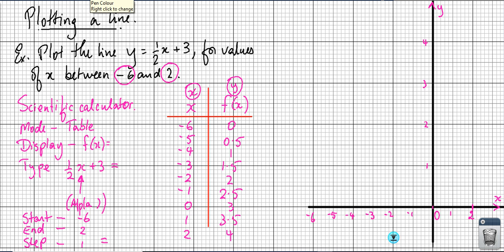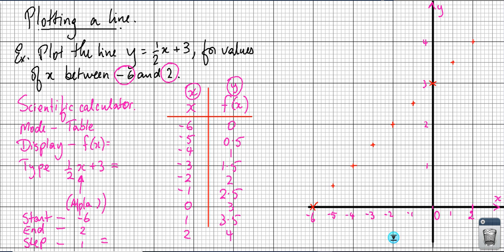So I have -6, 0. So this is -6, 0. I have -5, 0.5. I have -4, 1. I have -3 and 1.5, -2 and 2, -1 and 2.5, 0, 3, 1, 3.5, and 2, 4.